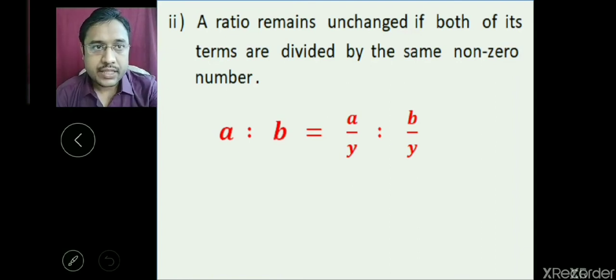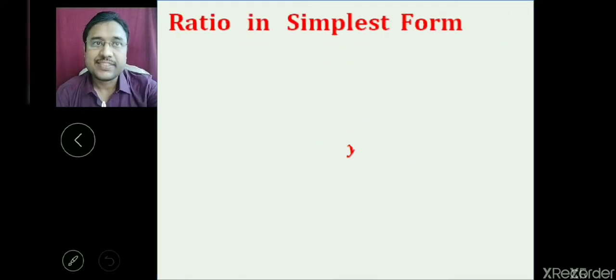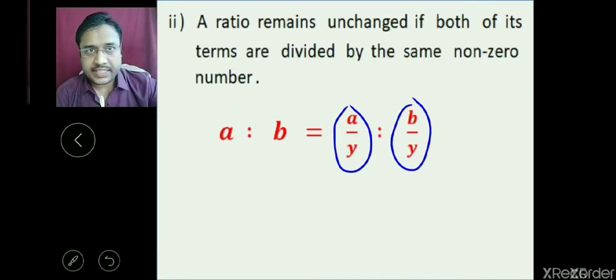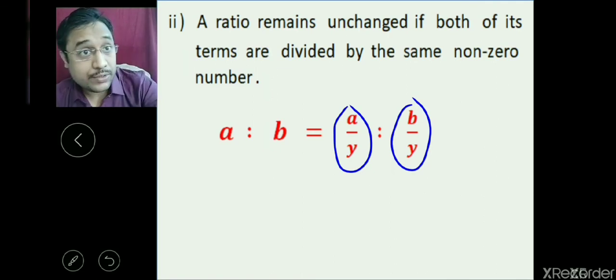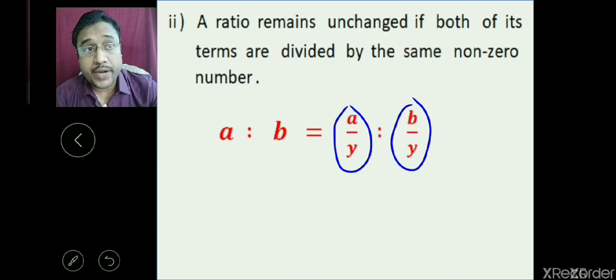That means the first term is divided by y and the second term is also divided by y. Then the ratio remains unchanged. So these are the two properties you will remember: multiply or divide both the first term and the second term by the same non-zero number, then the ratio remains unchanged.